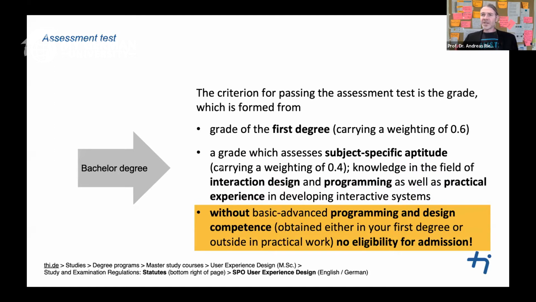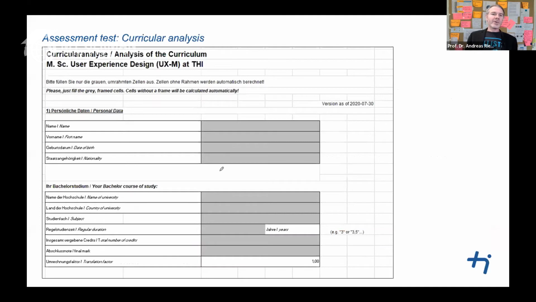The assessment test itself, I will just briefly say some words about it. As you might wonder, how do we check the documents and what do we require? Basically, we only require you to fill out a so-called curricular analysis form.